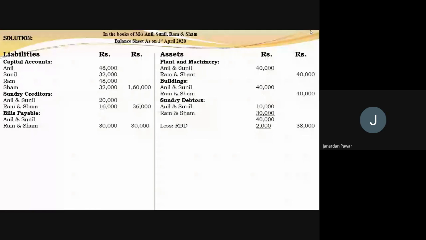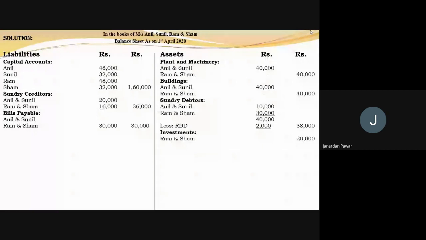So the remaining amount, rupees 38,000, is the sundry debtors amount. Then investments are there. The investment of Ram and Sham is rupees 20,000 only, which is given in the respective balance sheet of Ram and Sham.